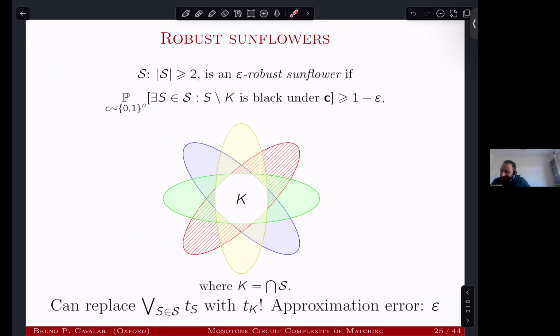This means that in terms of DNFs, we can just replace this DNF, the OR of T_S over all these hyperedges, by just the core term. And the approximation error is going to be at most epsilon. Great.